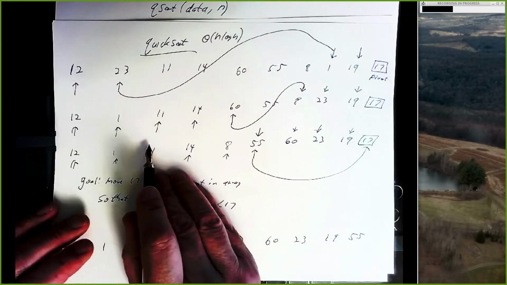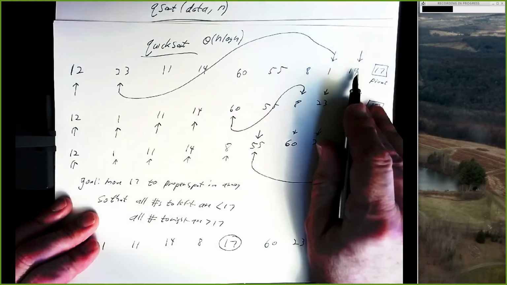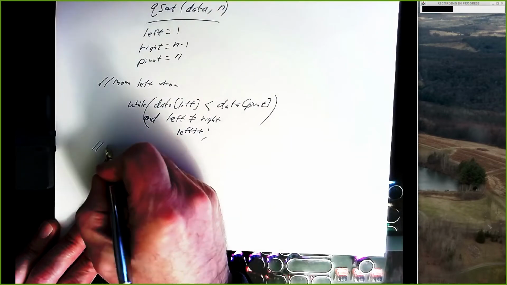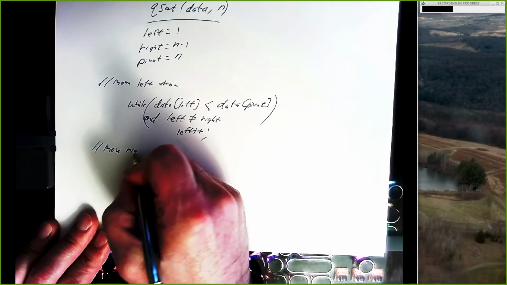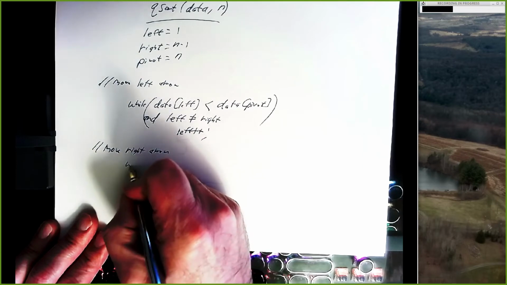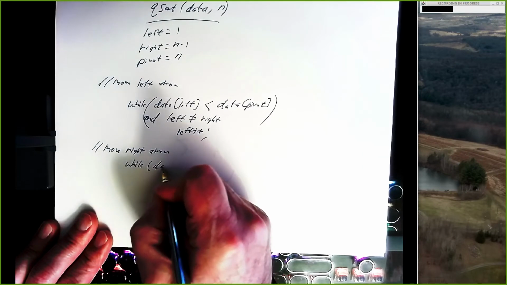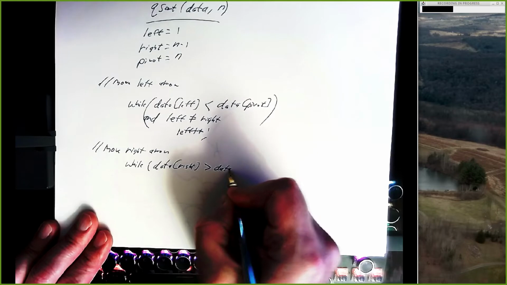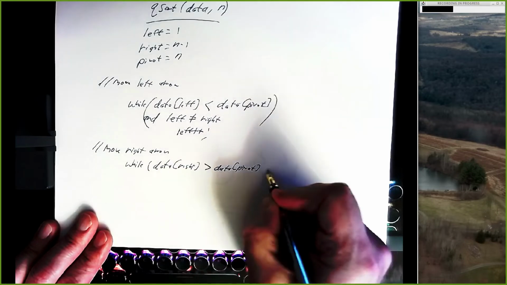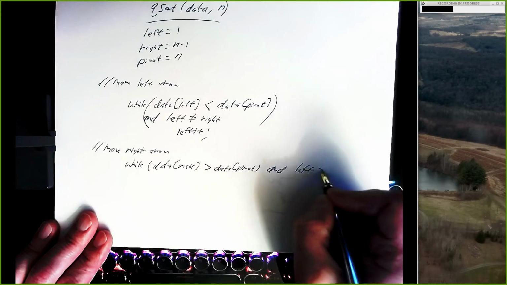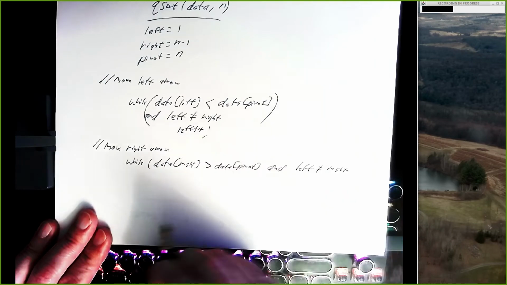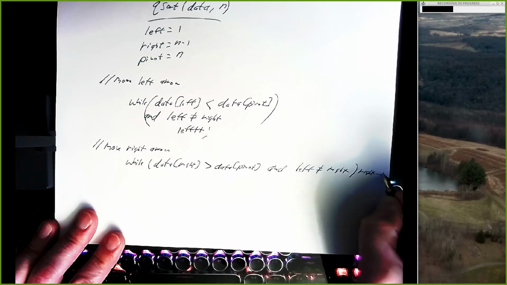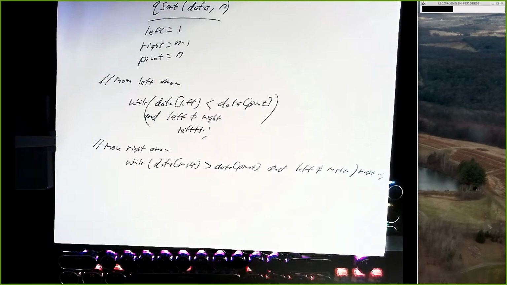And then once we had to stop with the left arrow, like we got right here, we're going to start with the right arrow and move over as long as our numbers are bigger than the pivot. So now move the right arrow. While data[right] is bigger than the pivot and left and right haven't collided, let's decrement the right arrow. So I'm just doing right minus minus.